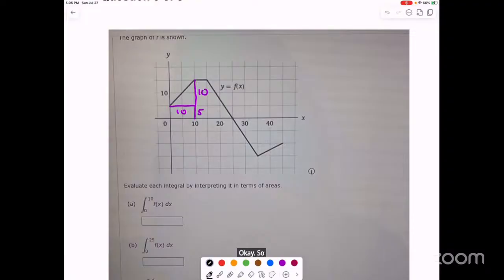So then length times width. So for that rectangle, it's 50, plus 1/2 the base times the height, so plus another 50. So from 0 to 10, it looks like the area under the curve is 100 square units.